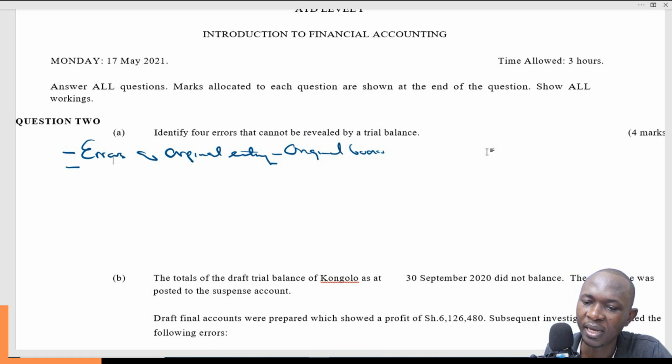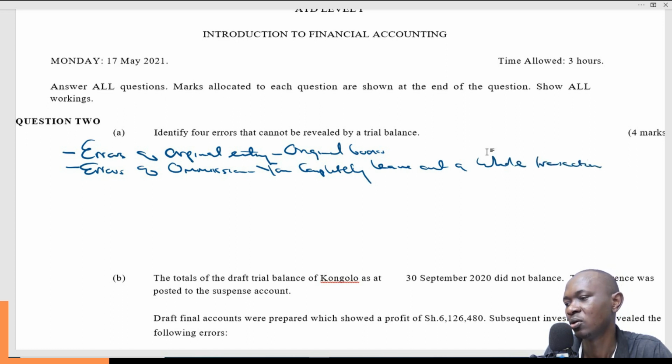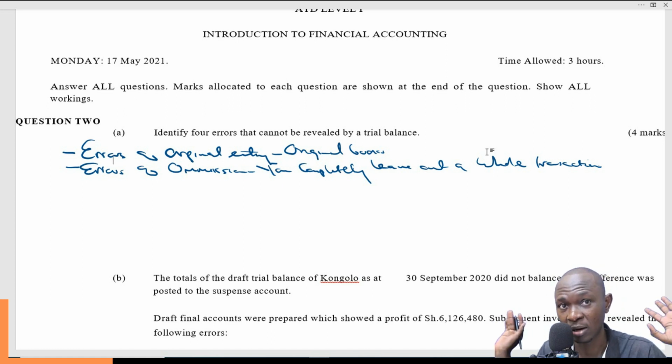Then you also have errors of omission, where you completely leave out a whole transaction, so that you don't post a debit, you also don't post a credit. So there will be an error: you have left out a whole transaction.